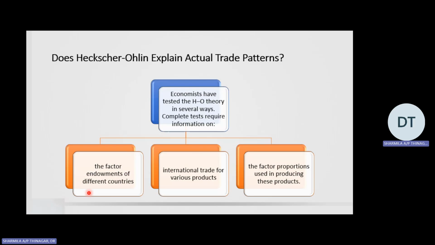Second is international trade for various products, whether you have diversification or choices to choose from. And the last one is the factor proportions: how much is the proportion of resources needed to produce this particular good?